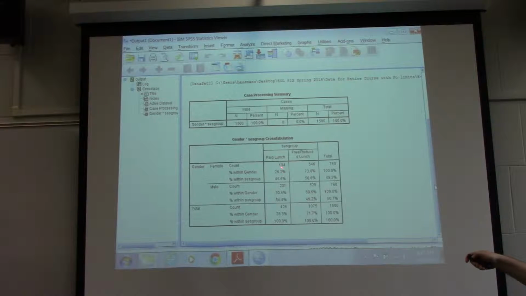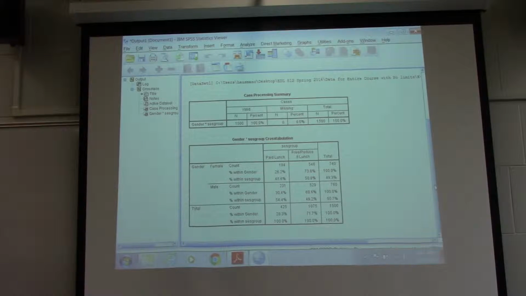So if I add up the number in each of these four cells, I'll end up with 1,500 students. It's a 2x2 because there are two groups under SES group, paid lunch or free reduced, and female and male. So I have four cells. If this was religion and I had three different religions, I would have a 3x2.